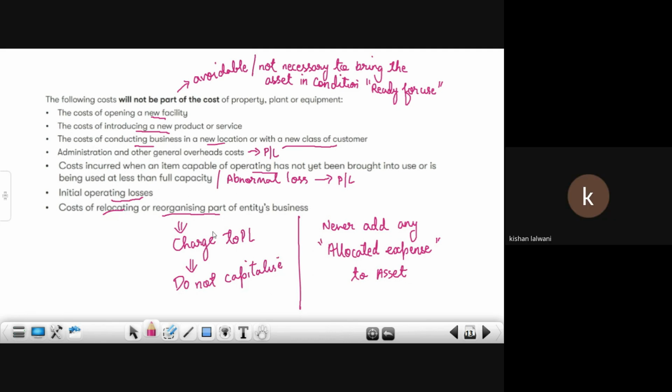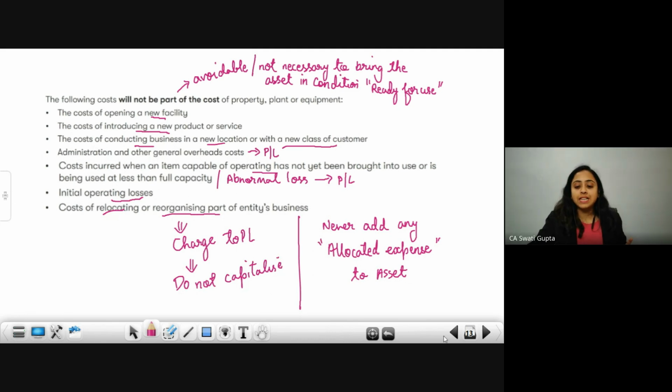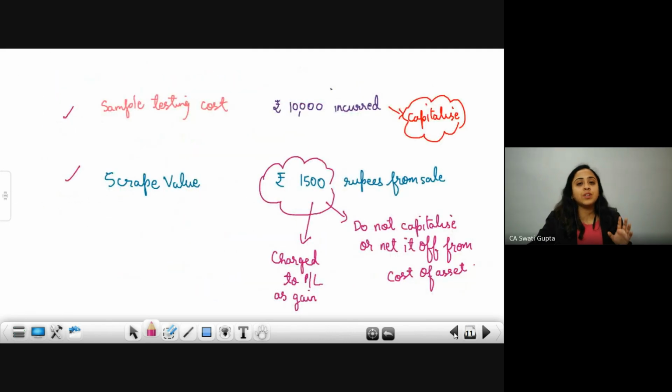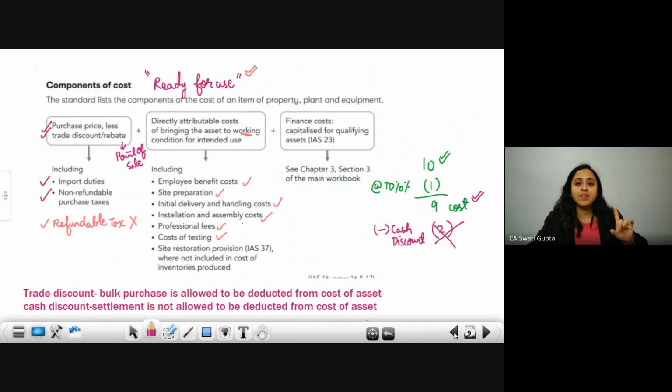Okay, since we discussed, we have started with PPE, property, plant and equipment. We said that it's a long-term asset. If it's being used for the business purpose, we'll classify it as PPE and we will apply IAS 16. Now, IAS 16 says that record at cost model, and if you're recording at cost, it should be reliably measurable. Now, what are the costs that can be included in the cost of PPE while recording in the books of account?